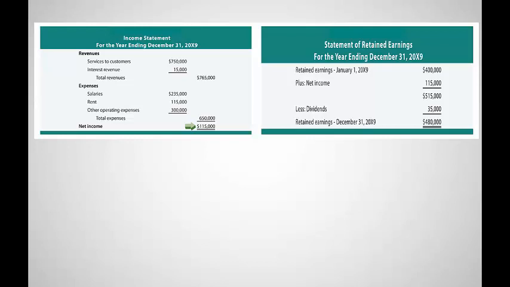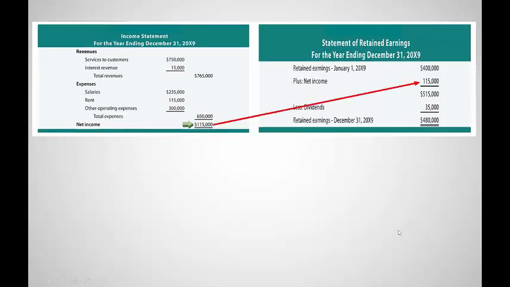That leads to your retained earnings balance at the end of that period. The important thing to note here is the net income or loss from the income statement actually transfers over to your statement of retained earnings. So if you had a net loss on your income statement, then you would be subtracting that net loss on your retained earnings statement. But that is the relationship between those two statements.